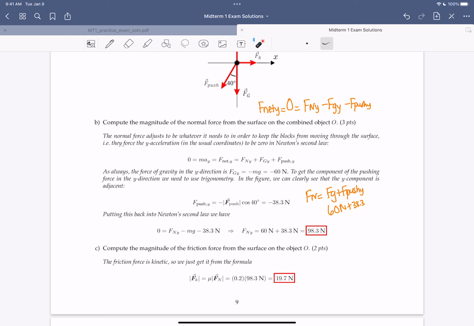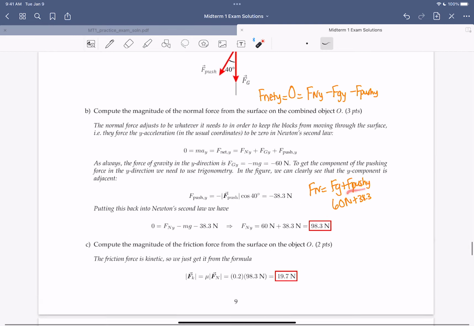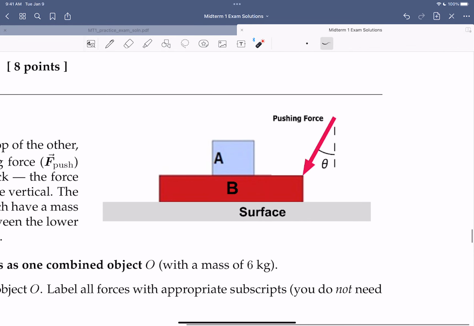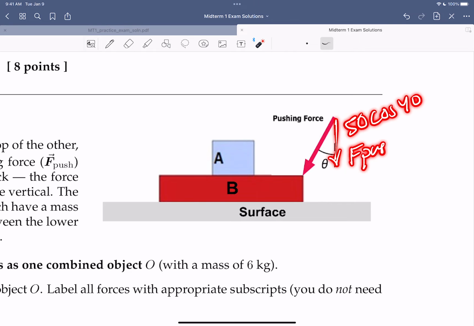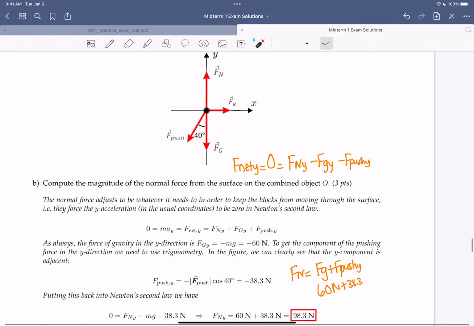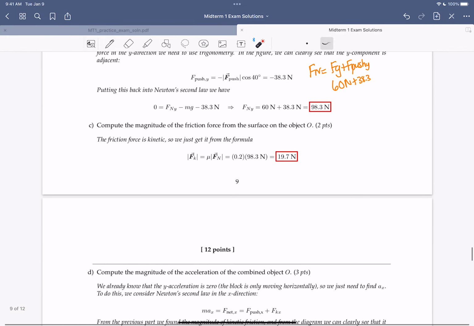Fg is equal to mg, so 6 kilograms times 10 meters per second squared, that's 60 newtons. 60 newtons, plus my F push Y, which I can figure out using trig, because 50 newtons here is the force that they gave us. I can do 50 cosine 40, which is the angle, to get F push Y. And then you just add them up, and that's how you get your normal force.